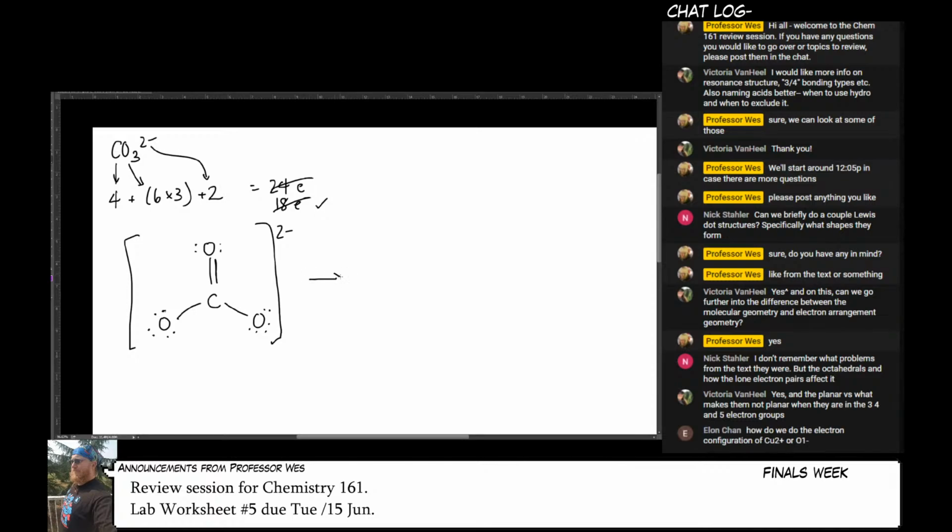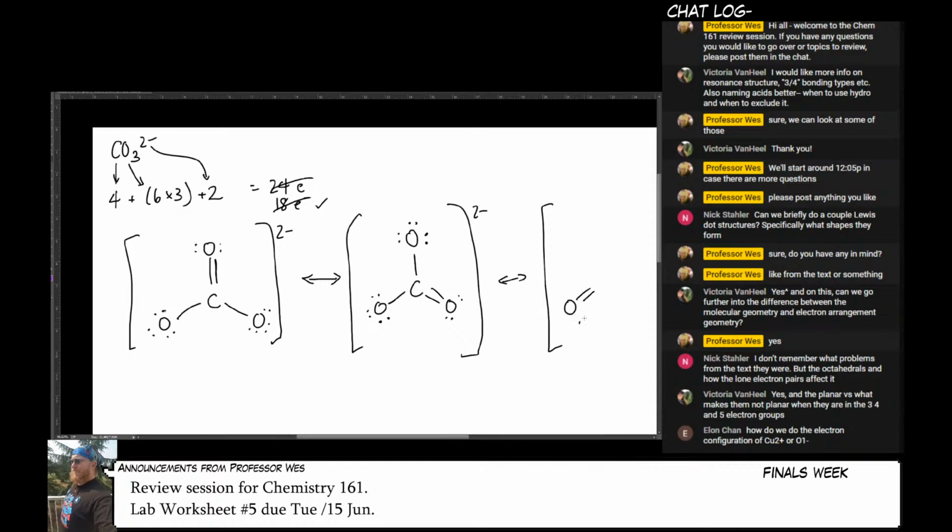But I could have drawn a resonance structure where instead of putting the double bond in the top position, I could have put it down here, right? And then I could also have done the same thing where I instead put it down in the bottom left position.